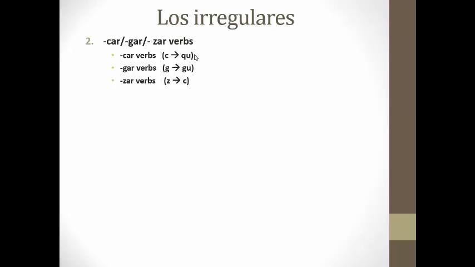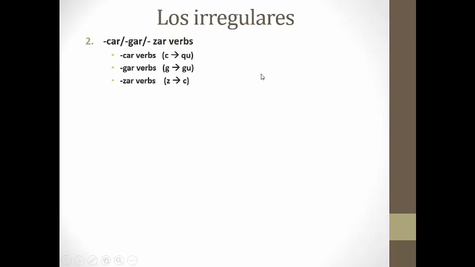If you have a gar verb, your G is going to become GU. And if you have a zar verb, your Z is going to become C. Again, just to preserve pronunciation, this should seem very familiar to you. You saw this with preterite conjugations in the yo form only, with commands, and last year in Spanish 3 when you were doing present subjunctive.